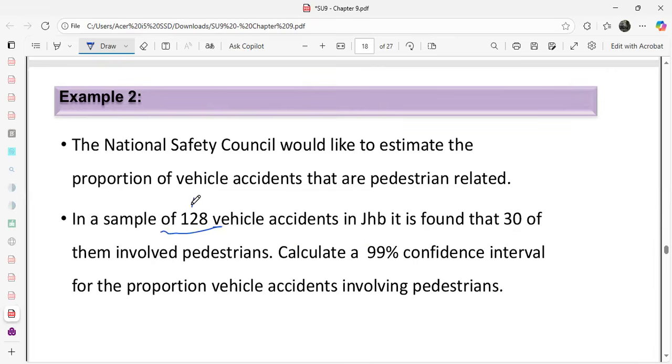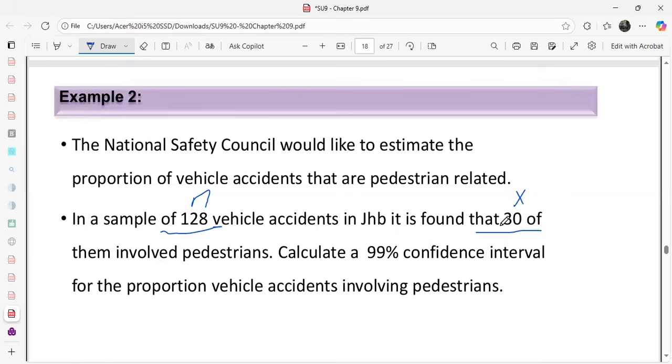This is n. Vehicles in Johannesburg. It is found that 30 of them are. This number, which is 30, is where you find x. This will be the value of x.